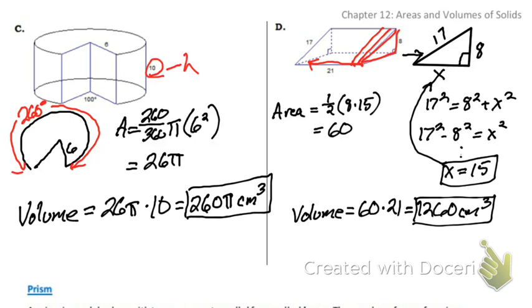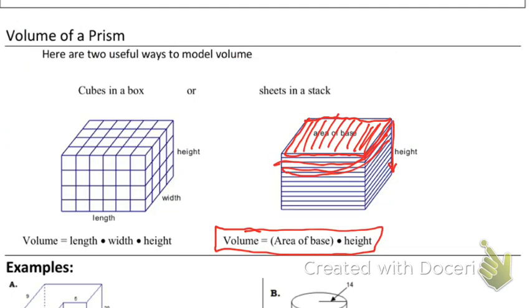All right, so I think the long and short of this is, although length times width times height works great for rectangular or box type objects, pretty much everything else, we are just going to do the area of the base times the height.